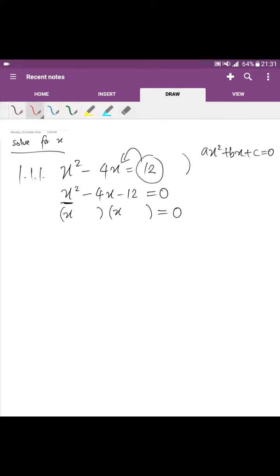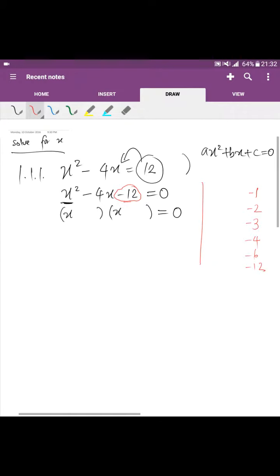Please make sure that you pay attention to this. This basically asks you to look for the factors of 12, or factors of negative 12, which when you add they give you negative 4. We know that the factors of 12 will be negative 1, negative 2, negative 3, negative 4, negative 6, and negative 12.